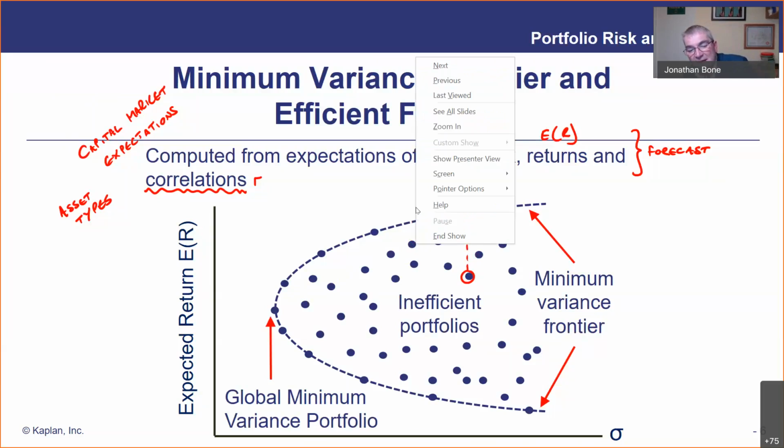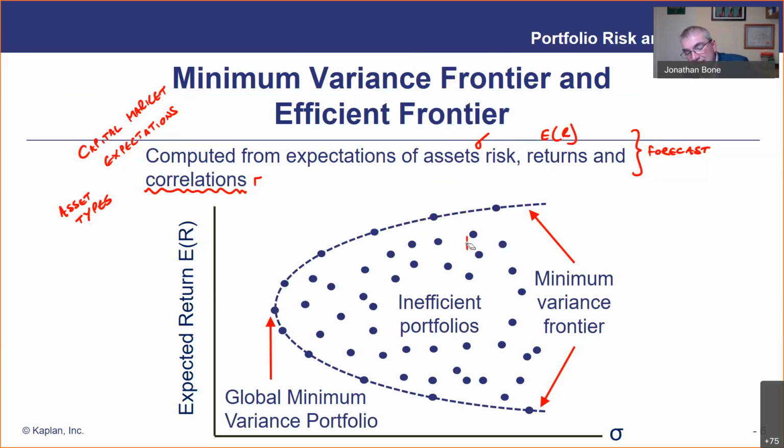So the conclusion is the investor would never hold an inefficient portfolio. Why? Because we make the assumption they're risk averse. You always choose the portfolio that generates the highest return for a given level of risk. Okay. Unattainable portfolio, so in other words, a portfolio out here, not possible to achieve.